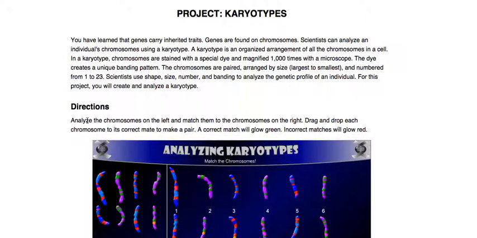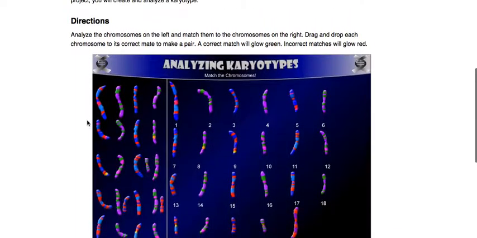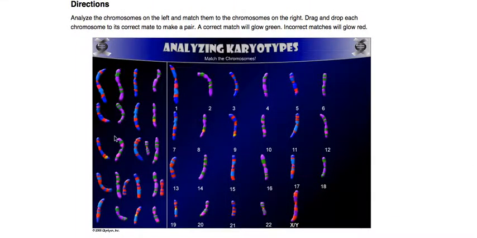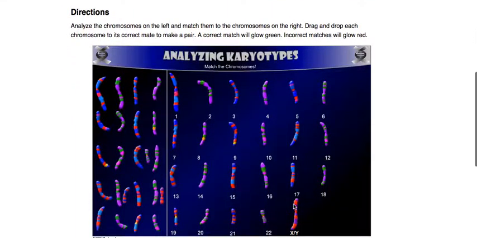The chromosomes are then paired and arranged by their size from largest to smallest. And if you look down here, as you move from chromosome 1 all the way down through, you can see that the chromosomes get smaller, with the exception of the sex chromosomes. So what you're going to do for this project is analyze the chromosomes using the karyotype, and it's an interactive map. All you need to do is match these up.